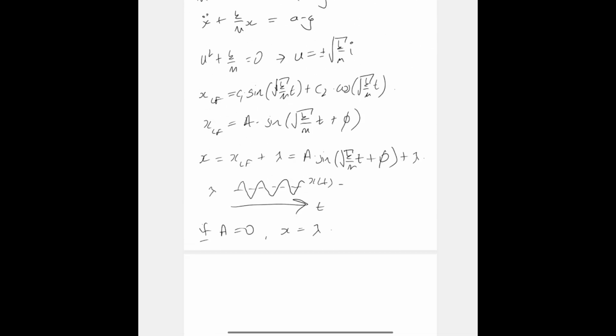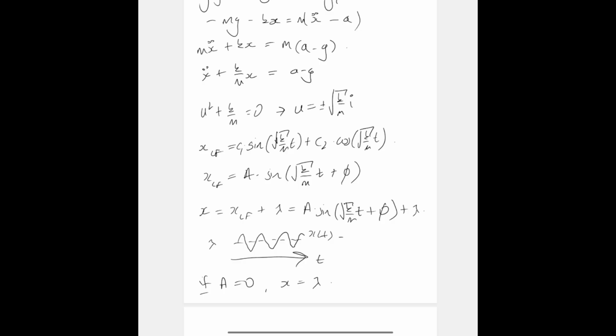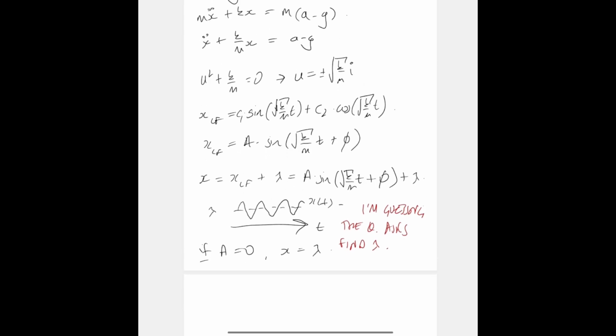I'll just write that down. I'm guessing the question asks to find gamma, so if the conditions are right, what would the stable value of the extension be?